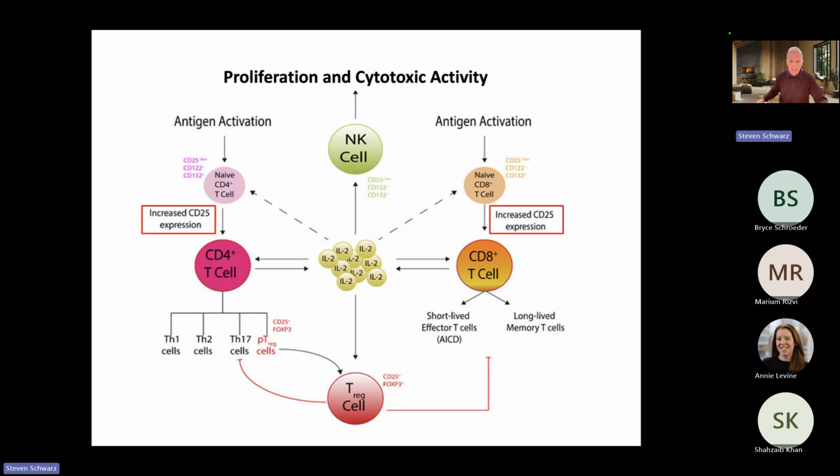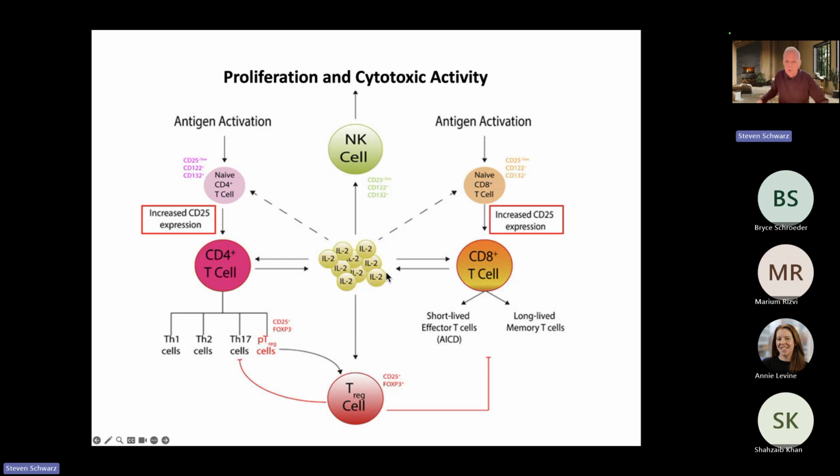It can stimulate T regulatory cells. These are CD25 negative cells, but it can also stimulate naive CD4 and CD8 cells that have increased CD25 expression. When you have these cells and you stimulate them through IL-2, you then produce CD4 positive, CD8 positive cells with increased CD25 expression.